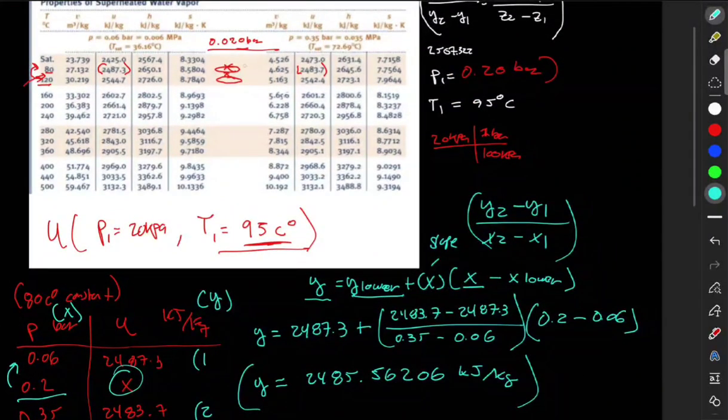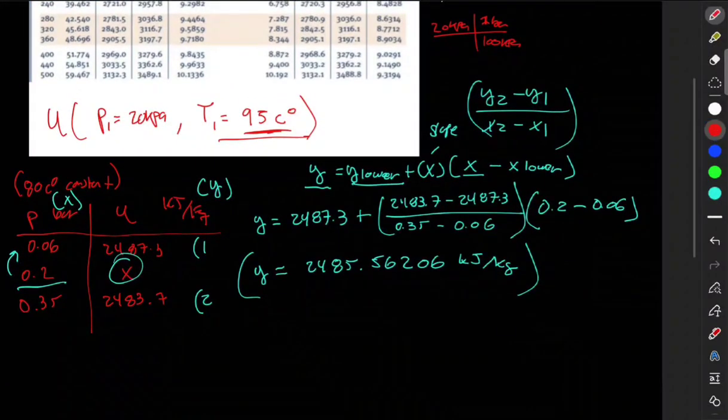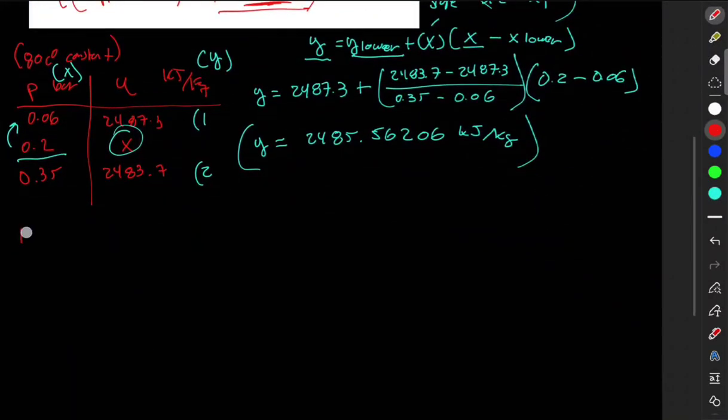Now we have this one, we need the other one. So we do the same thing. We keep 120 as a constant. We use pressure and internal energy.